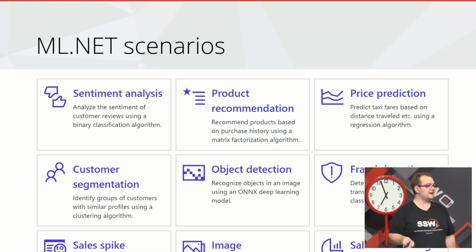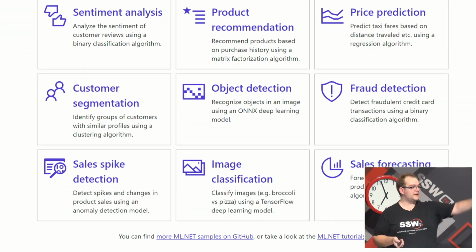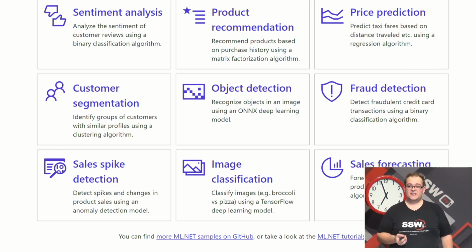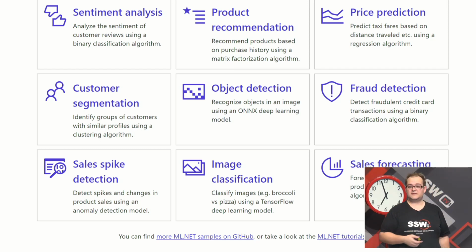On the front page, there are 9 scenarios. That's quite a bit, but if you go down below to the GitHub samples, you will get like 27, something like that, and they're expanding the number of scenarios over time. So if you don't find your scenario today, it might come in a few months.